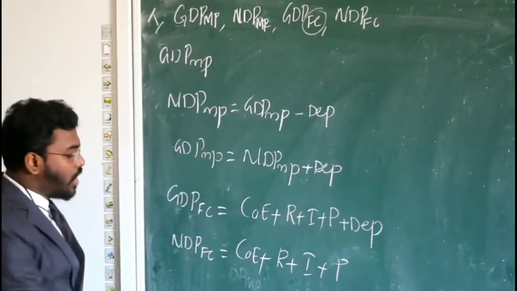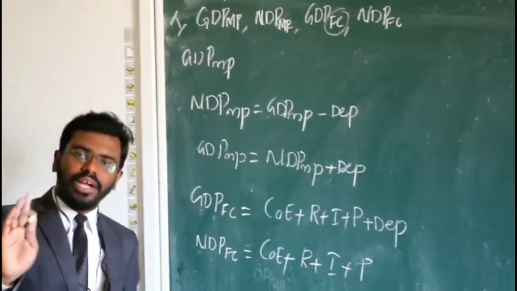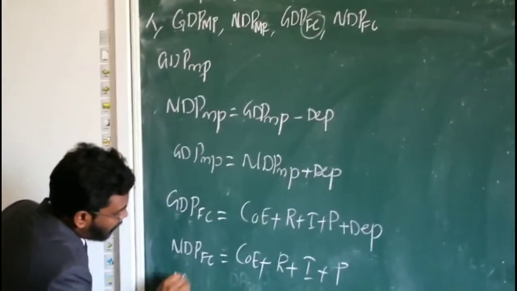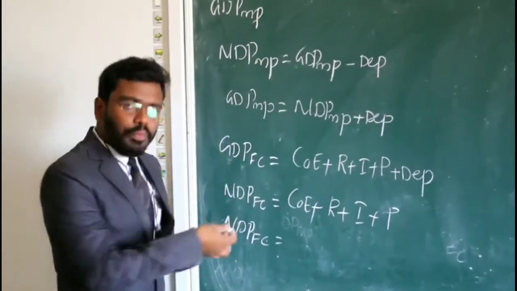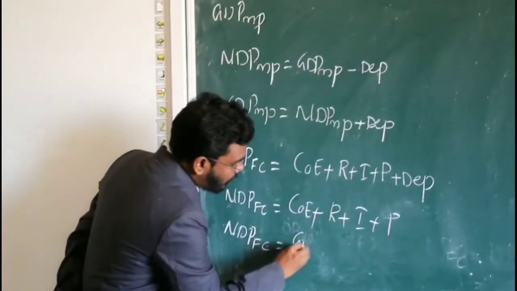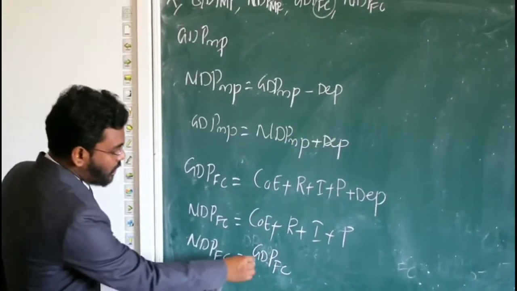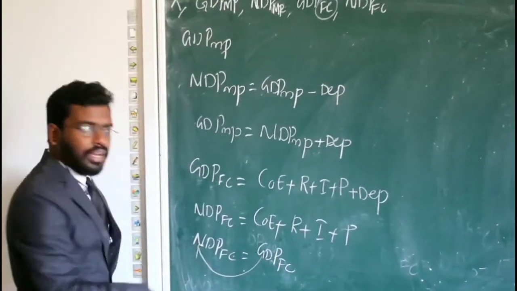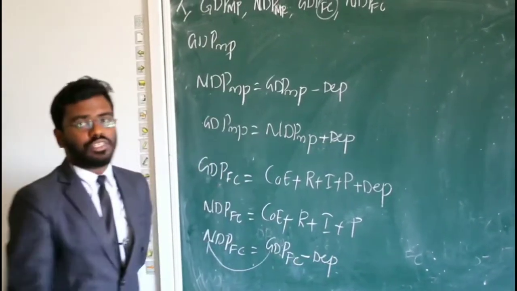The next question, how can we convert this GDP-FC into NDP-FC? So NDP-FC is equal to GDP-FC, G into N, how can we convert? That is minus depreciation.